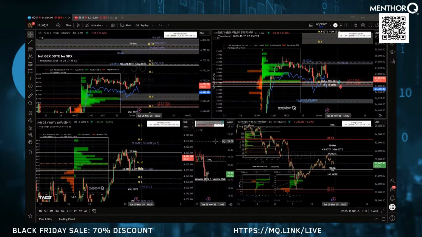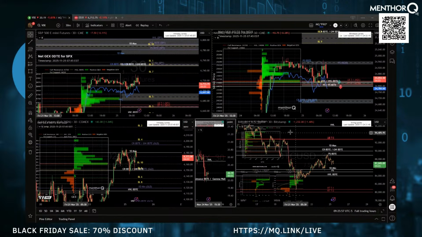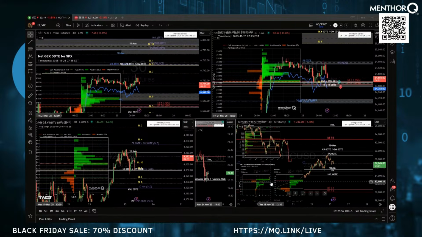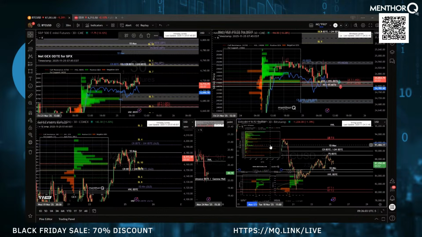Later, the last one is the snapshot, and here is VIX. We are right now sitting at 20.2. Later we have Bitcoin with our expiration model and also with open interest, especially where there is higher volatility on the strikes.